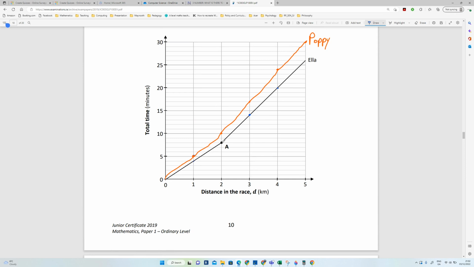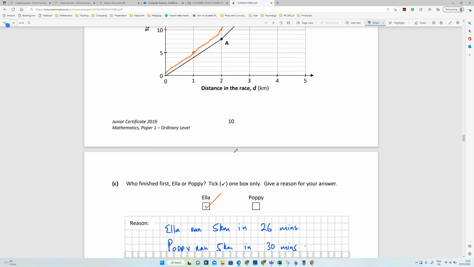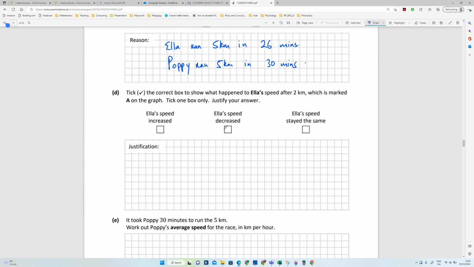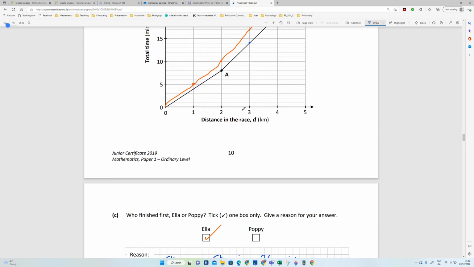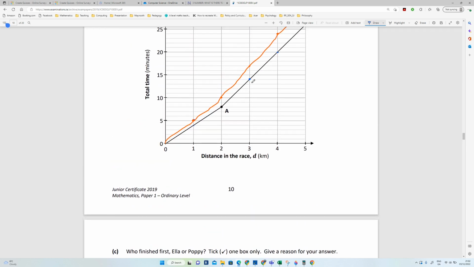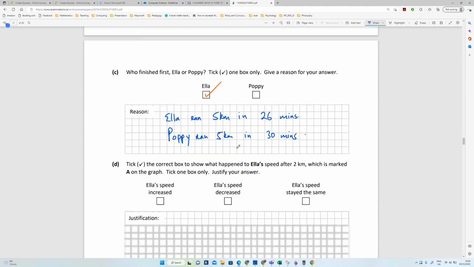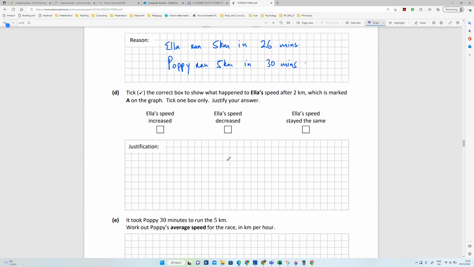She took another 4 to do the second, but then it took her 6 extra minutes to get up to 14. So she slowed down there for sure. So what are our options? Her speed did decrease. It didn't stay the same, it didn't increase, it decreased. It's actually taking her longer to cover the same amount of distance. So our option here is Ella's speed decreased.